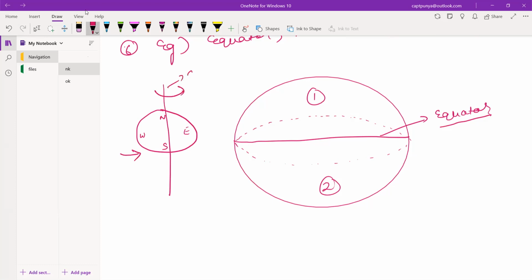If this is my axis of rotation and I have to draw a plane which is 90 degrees to it, this would be my plane. It is at 90 degrees to the axis of rotation, so this is the equator. I'm going to write it down for you guys. Have a look here.